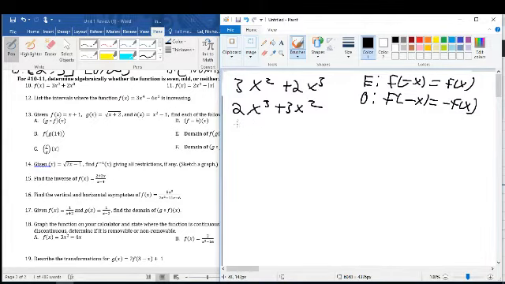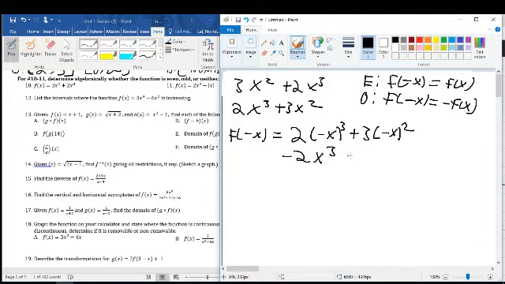So we evaluate f of negative x here. That's going to be equal to 2 times negative x cubed plus 3 times negative x squared, which is equal to negative 2x cubed plus 3x squared, which is not f of x or negative f of x, because that's equal to f of x.